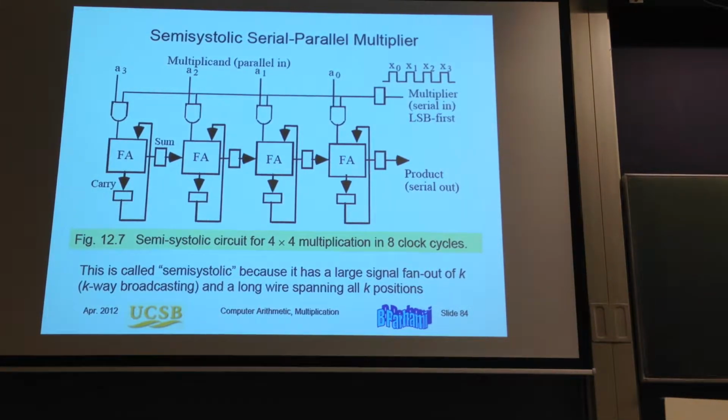And whenever a bit comes in, I'm generating X0 times A, and I'm doing here an accumulation. Then I have a sum which will propagate to the next position. This is the shift in the multiplication. And I have a carry which will contribute to the next iteration.